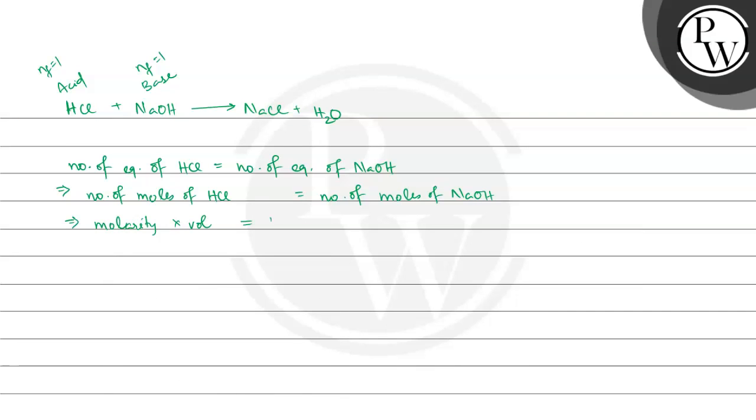Alright, so 0.041, and molarity of HCl solution हमें पता है, that is 0.5 molar, and volume हमें find out करना है.